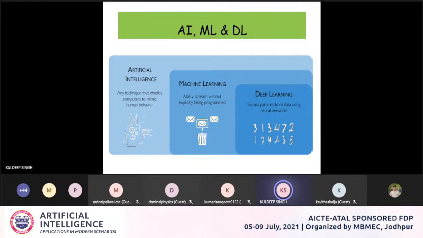Broadly speaking, the term AI was coined somewhere in the 1950s and 60s, and the idea was basically to develop intelligence in machines so that computers can mimic human behavior. The term itself says that we are generating the intelligence artificially. But in my opinion, there is nothing like artificial intelligence. It's all the human intelligence which we are transferring to the machines or the computers.